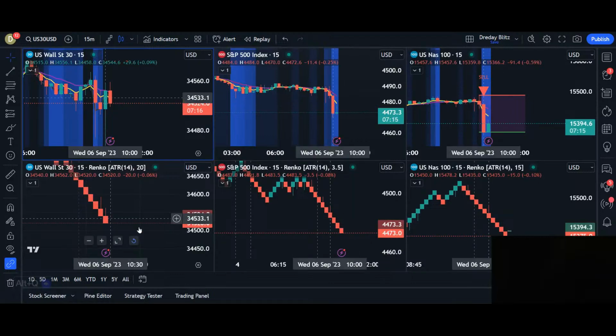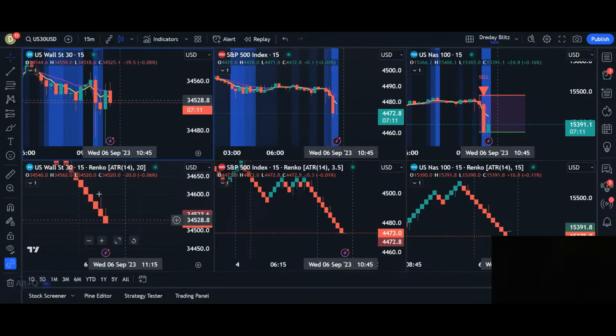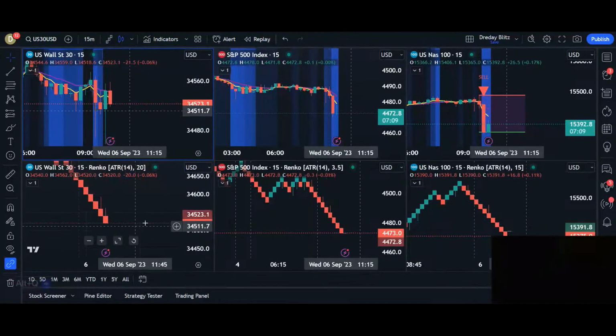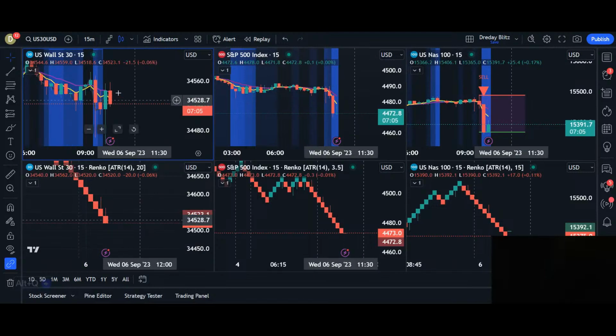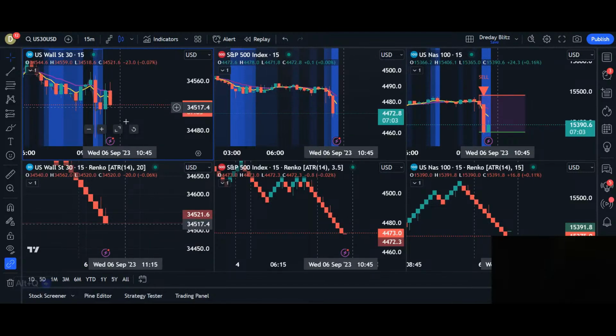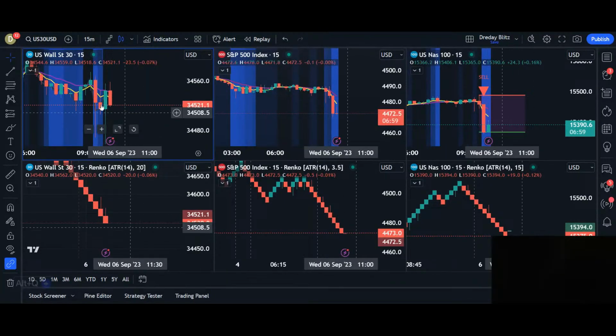But in the Renko bars, we didn't have any indication that the market was reversing. So that means we're keeping our trade open, and as long as we don't see a reversal on the Renko bars, we're not closing the trade.